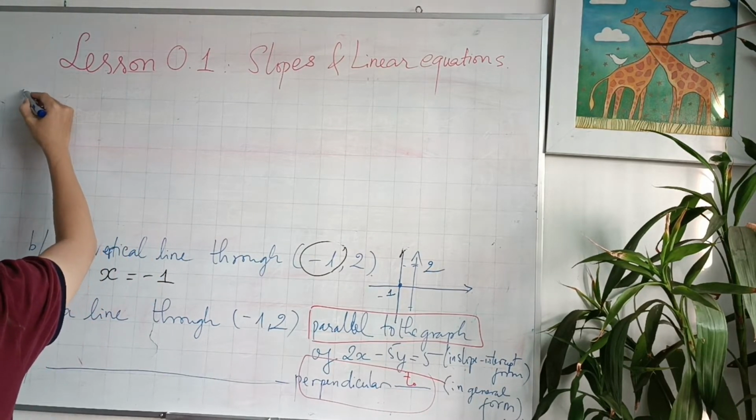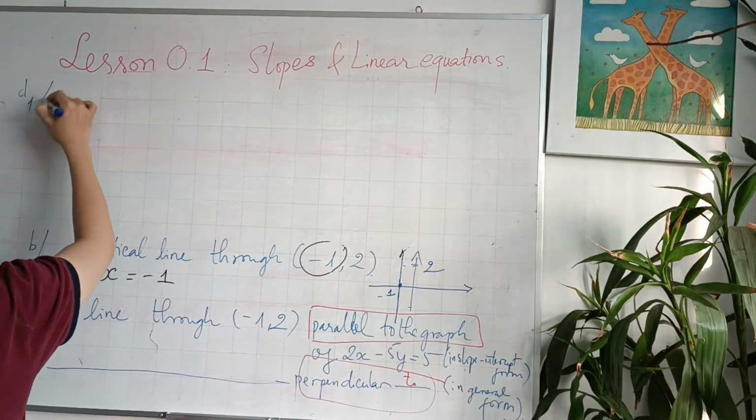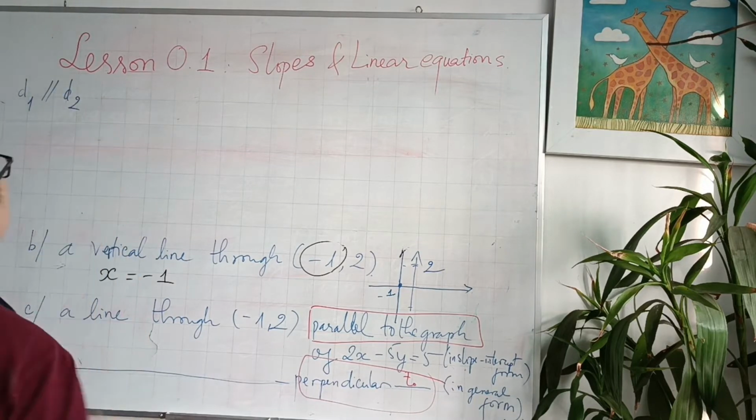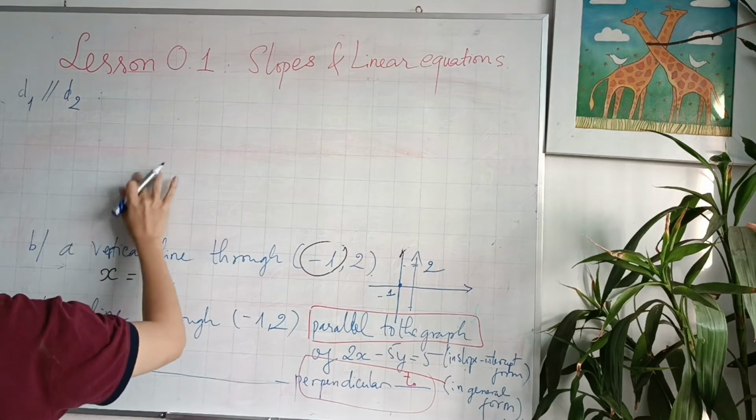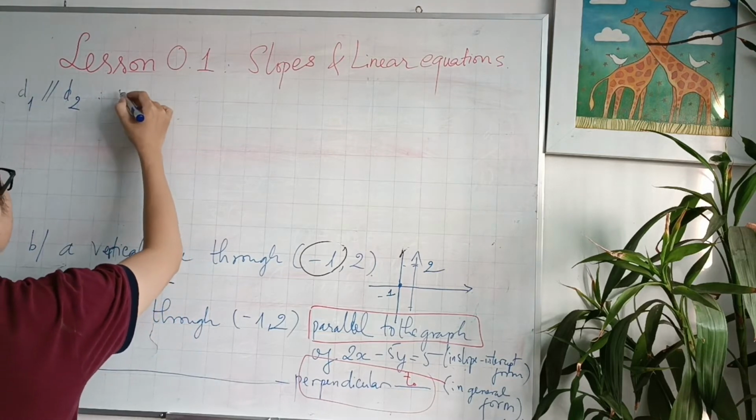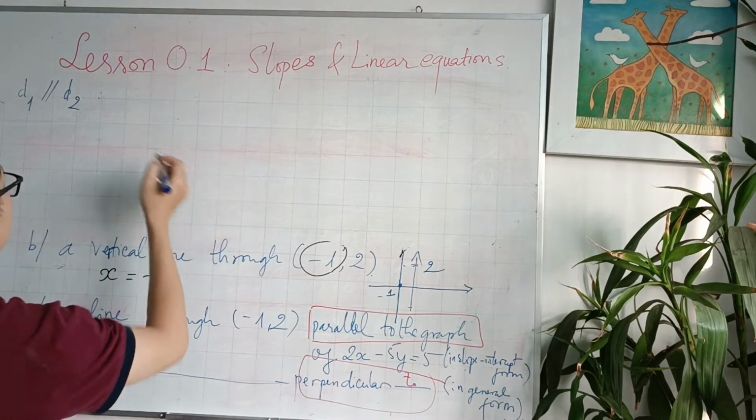When we have D1 parallel to D2, the lines must have the same slope.